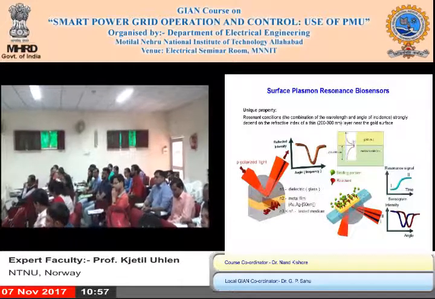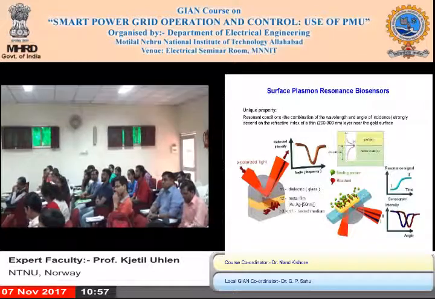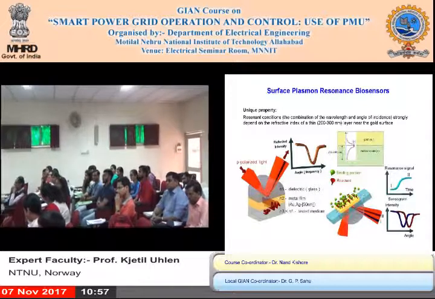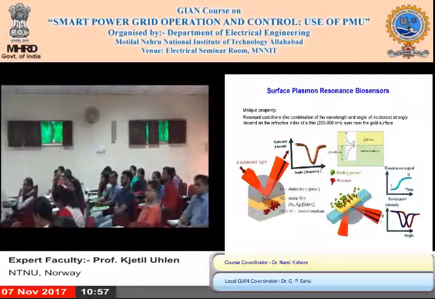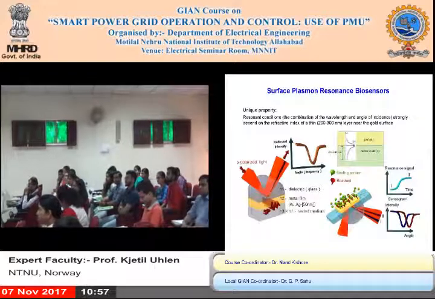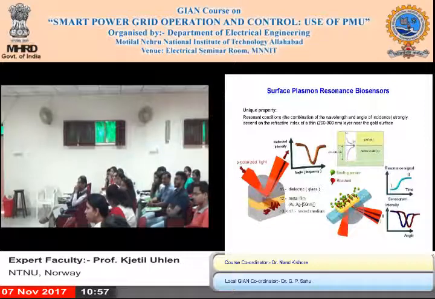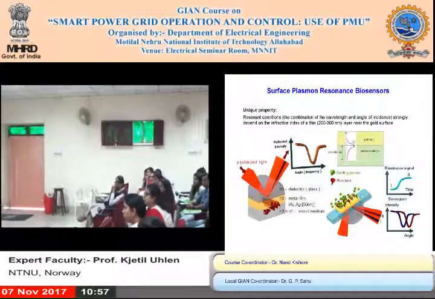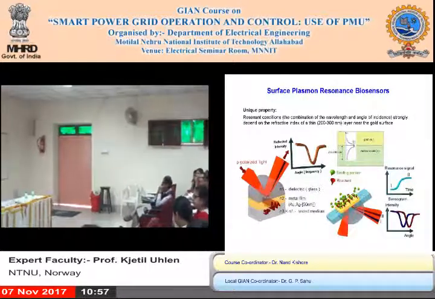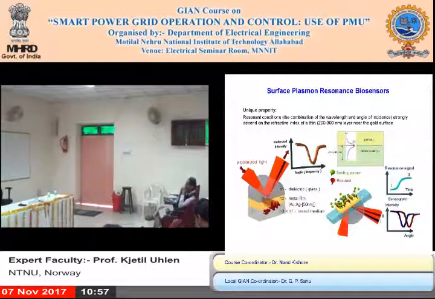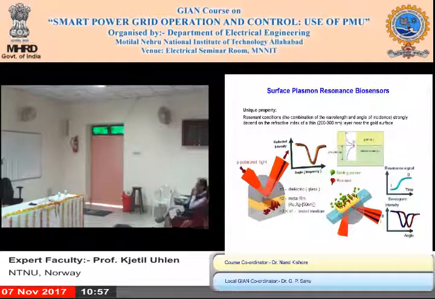So you are doing absorption or transmission spectroscopy, and you look at what wavelength the light is being absorbed by the nanoparticle. And when it detects the analyte, that wavelength shifts. So by monitoring the absorption spectrum, you can monitor it. So these are the two different tools.